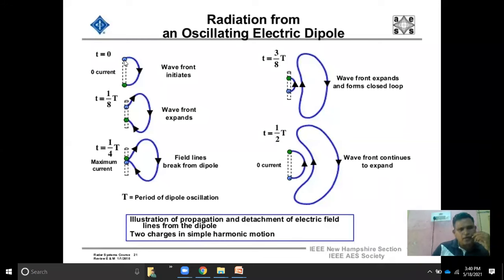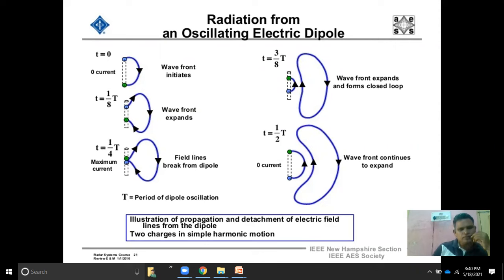One is light blue color and the other one is green color. Now, by seeing this figure, can anybody tell me which is the positive charge and which is the negative charge? Can anybody guess?